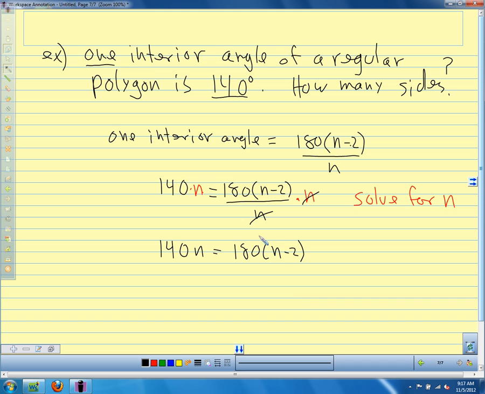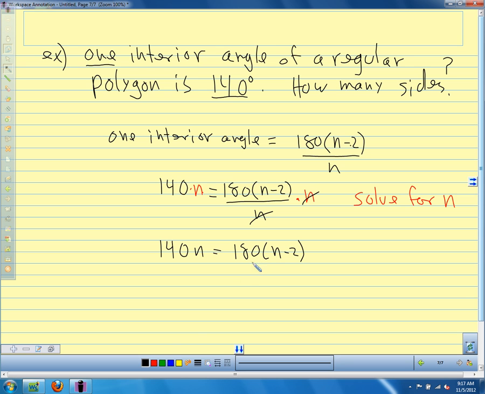Now what do I have to do? I have parentheses here. What do I have to do with those parentheses? And my n is inside the parentheses here. So you take it out. I have to get it out, but what do I have to do to get it out of there? The 2 is inside the parentheses. So what's 180 doing to the whole parentheses?